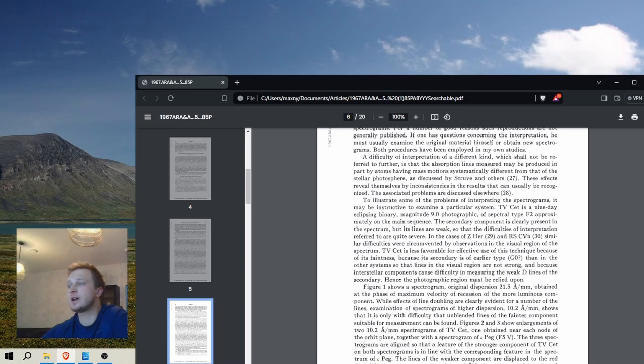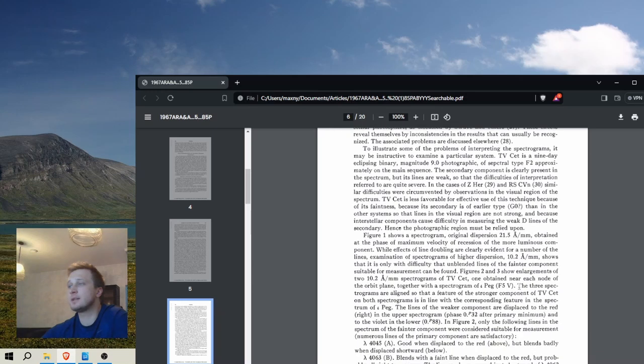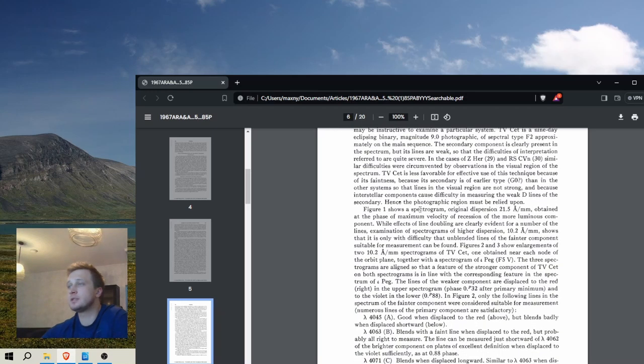Hence, the photographic region must be relied upon. Figure 1 shows a spectrogram, original dispersion 21.5 angstrom per millimeter, obtained at the phase of maximum velocity of recession of the more luminous component.